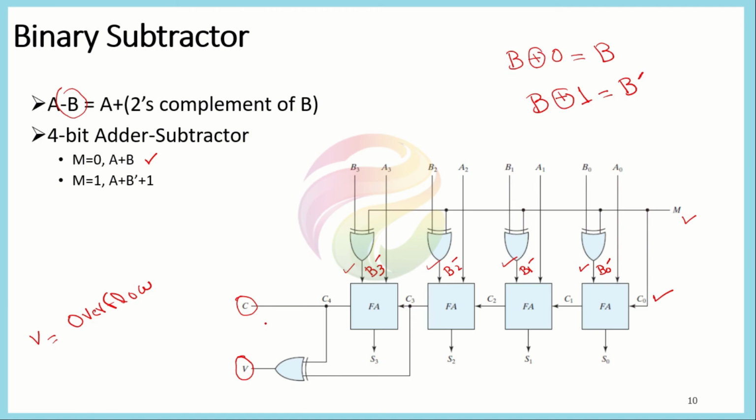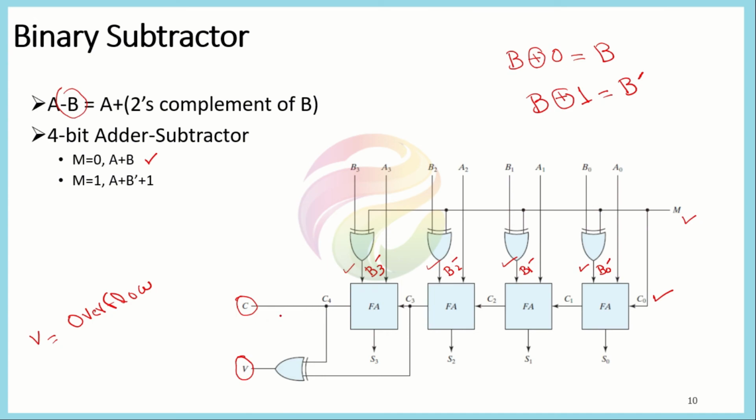Adding a positive number to a negative number produces a result whose magnitude would definitely be less than the larger of the two. So in that case, overflow would not occur. But if both numbers are positive or both are negative, then only the overflow would occur.